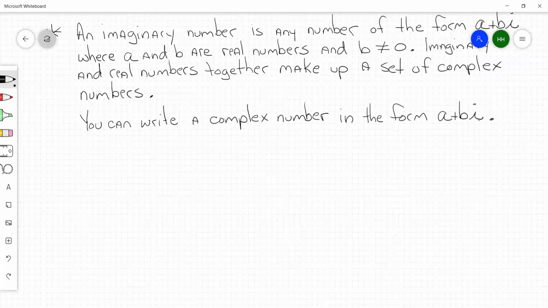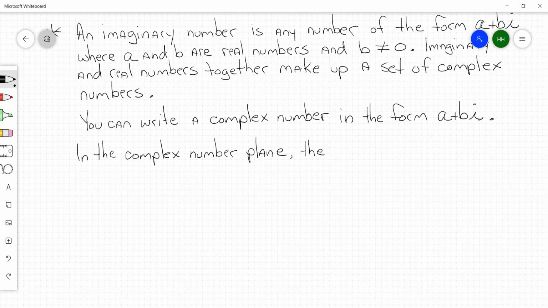In the complex number plane, the point (a, b) represents the complex number a plus bi.